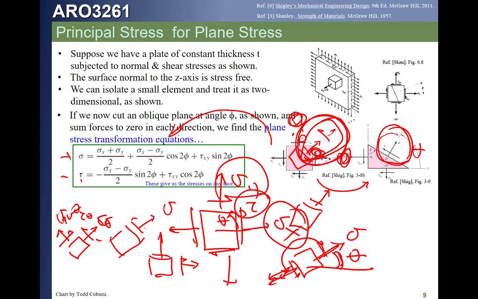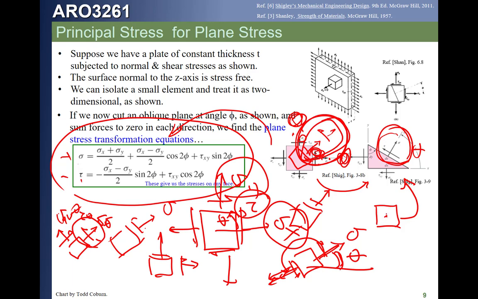Both of these change. And if we focus on the stress on the face we're looking at, that's what's given by this equation here. So as we take this element, imagine it's spinning this way about the center. If we spin that element under a given set of forces, we're going to find the normal stress changes from one value to another value and back again.